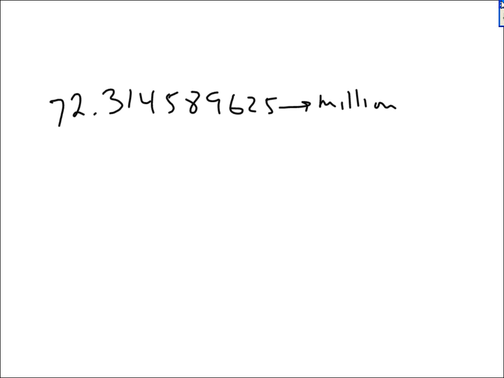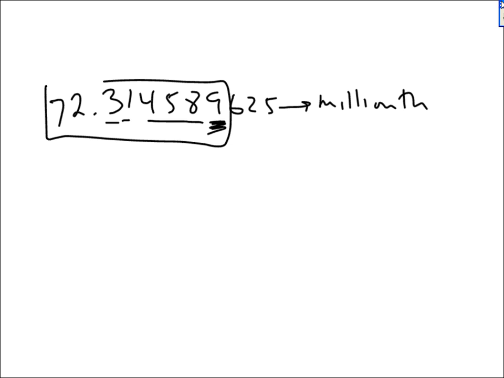If you had 72.314589625, and you're being asked to round off to the millionth position. Well, you have to find the millionth position. 10th, 100th, those are the thousands. Right there, that's the millionth position. Either that will be your answer.